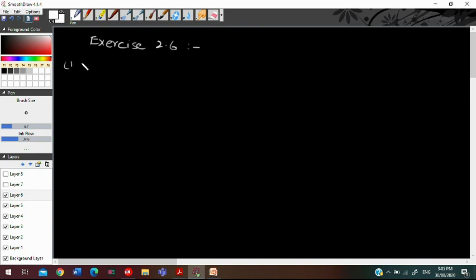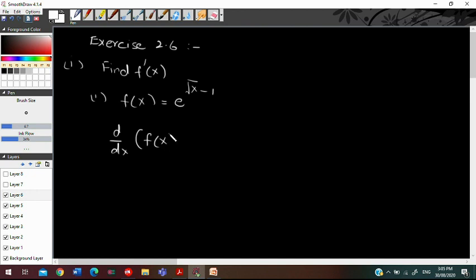The first question is find f prime of x, and its first part is f of x is equal to exponential under root x minus 1. So we differentiate on both sides, and when we apply the derivation, d by dx of exponential under root x minus 1.